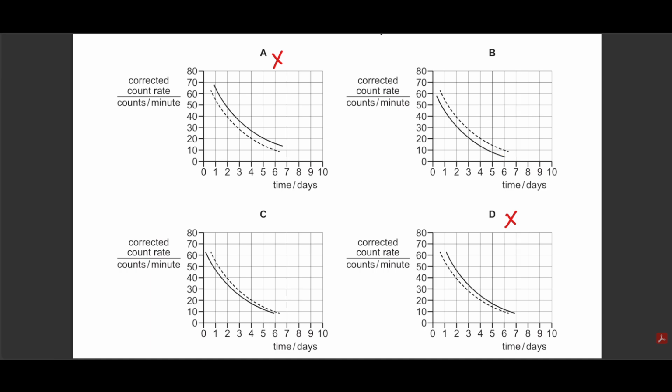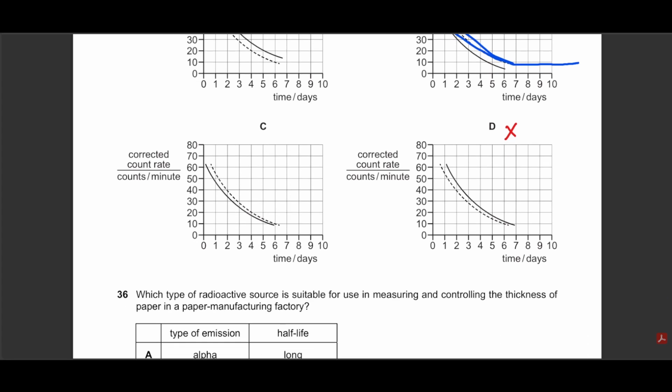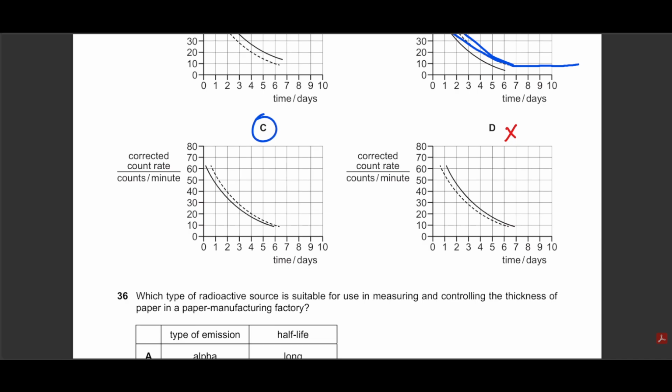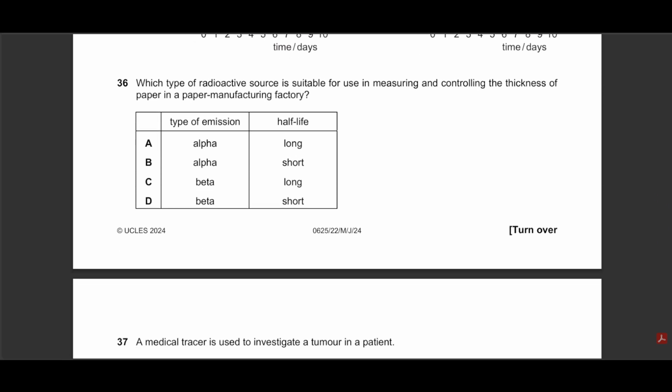The problem is that the background radiation never ends. Your source might go to 0, but your background radiation will never go to 0. So the graph will always have some value, which means that they will overlap at a certain point in time, and then the background radiation continues its life. So the chances of overlapping of these situations is only in C. Question 36.